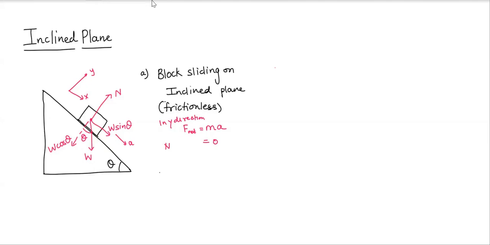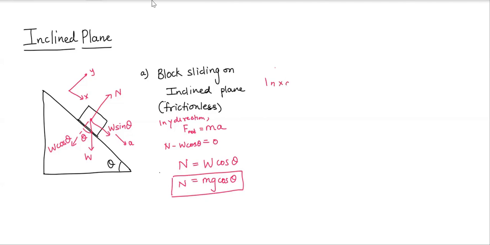The other forces are the normal force and the weight component, that is W cos theta. So I can write N is equal to W cos theta, where W is mg, so that is mg cos theta. This is the one equation we get in solving for the y direction.